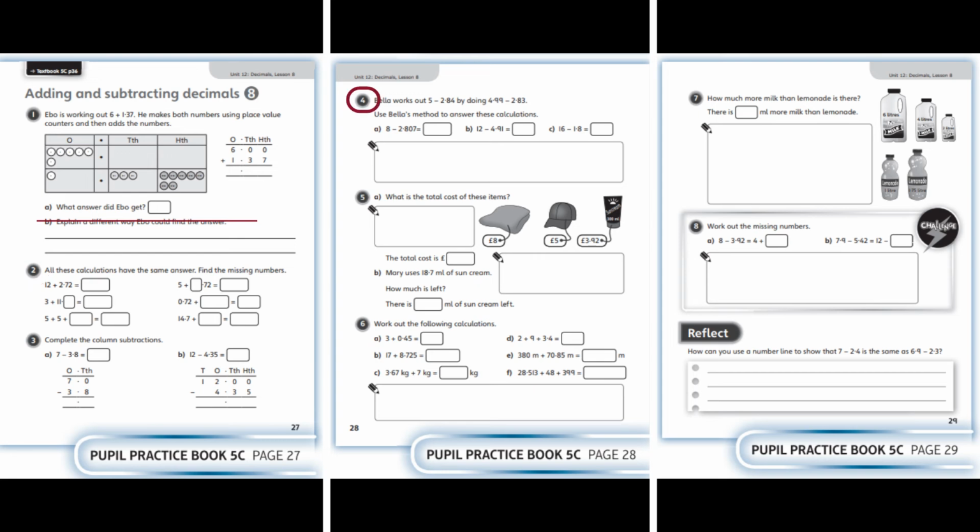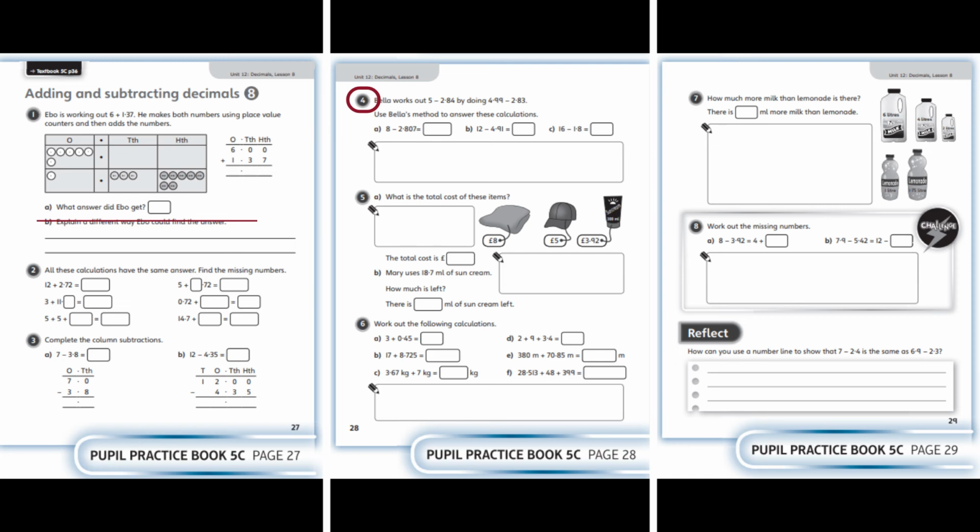Now for number 4. It says Bella worked out 5 take away 2.84 by doing 4.99 take away 2.83. And then it asks you to use her method to solve these problems. All Bella has done is she's just taken 0.01 away from both of the numbers so that she won't have to regroup.